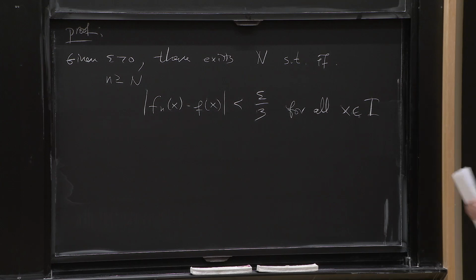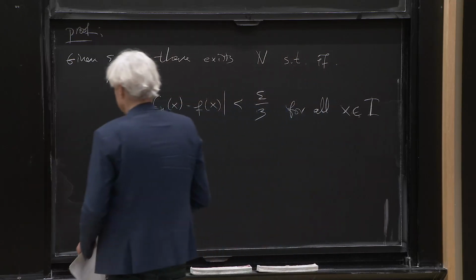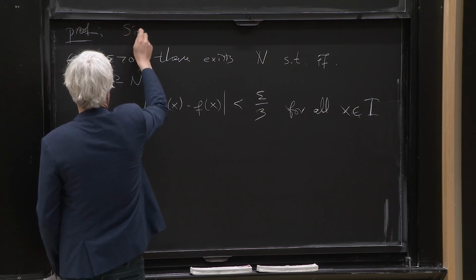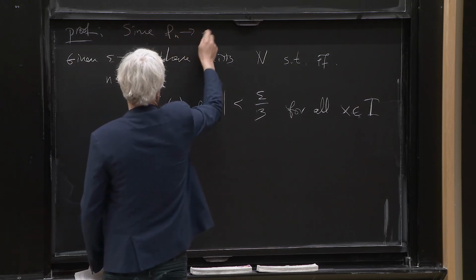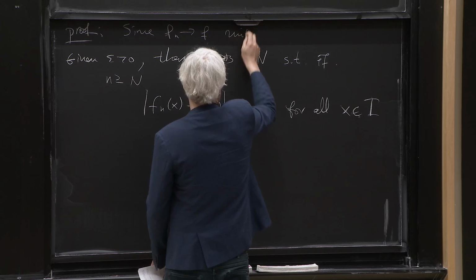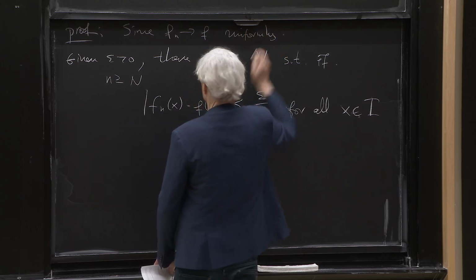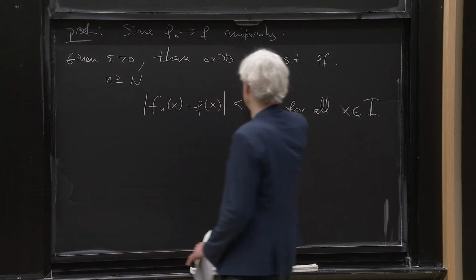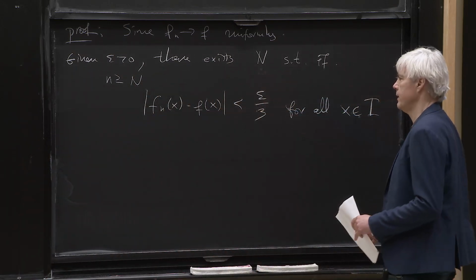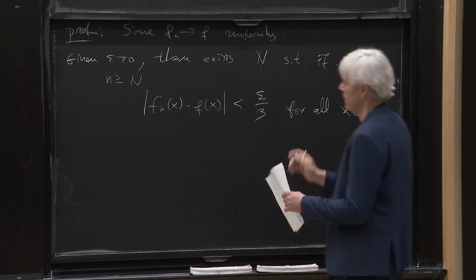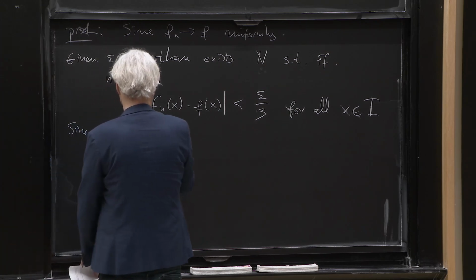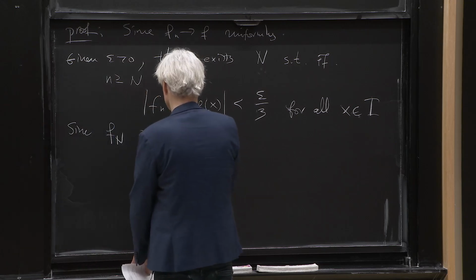So this is the first thing. And the second thing is, this holds for all little n bigger or equal to capital N, but in particular it holds for capital N. So now since f capital N is continuous, so this is a fixed function now.